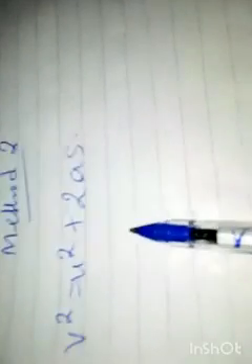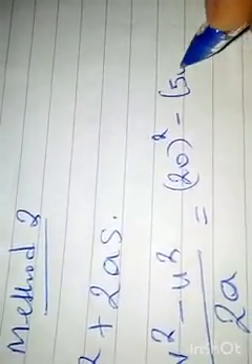So you can just use this information in this equation to solve for the distance. How do you do this? You make s subject of the formula, and you're going to have s is equal to v squared minus u squared all over 2a, which is 20 squared minus 50 squared, all this over 2 times negative 10.